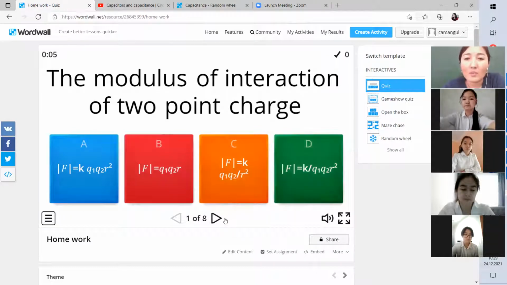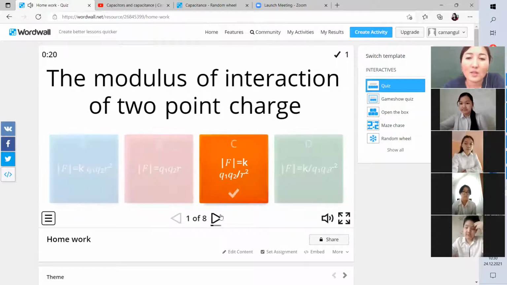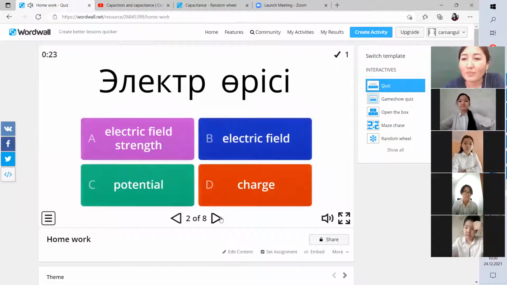Alima? The models of interaction of two-point charge. Yes, that's correct. Ayşıldız?